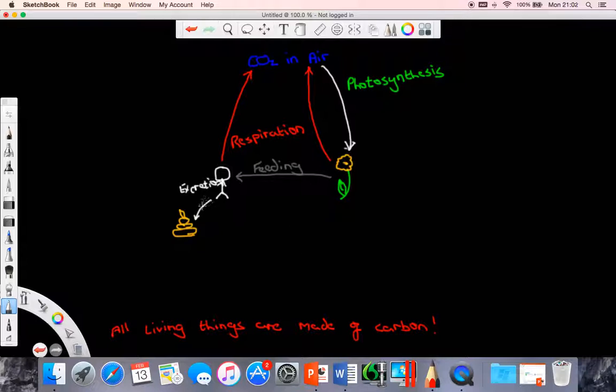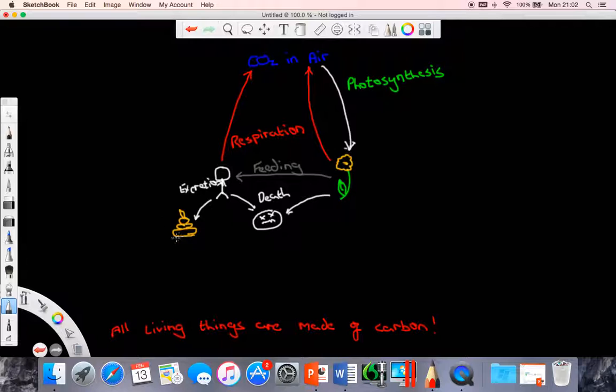Now, sadly, animals and plants die someday. So if we draw someone who is obviously dead, once they die, they get broken down by decomposers, okay? So animals and plants die, and the carbon that is inside of them has to be released some way.